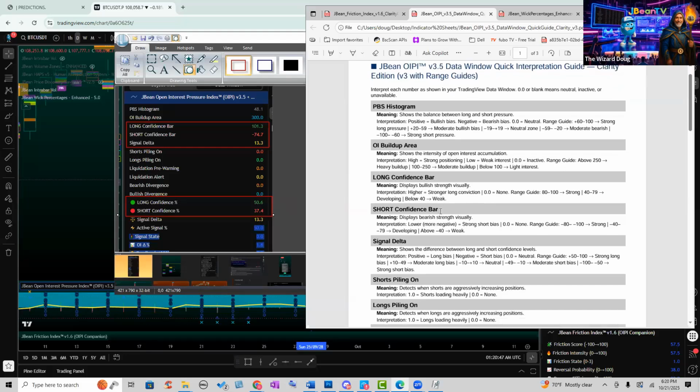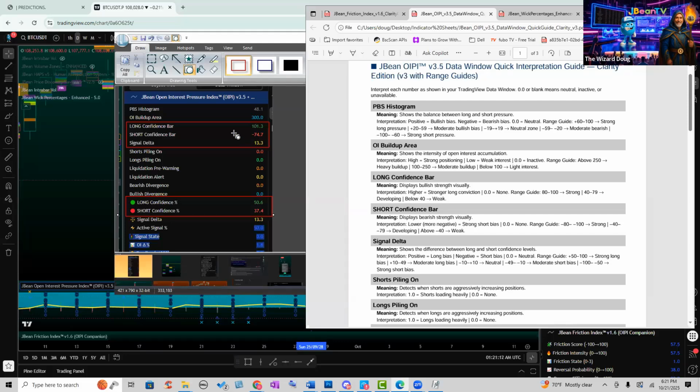So we look at the confidence level. So 80 to 100 is strong confidence. It's 101. The short was negative 74. The delta is positive. So there's more positive confidence in contracts.